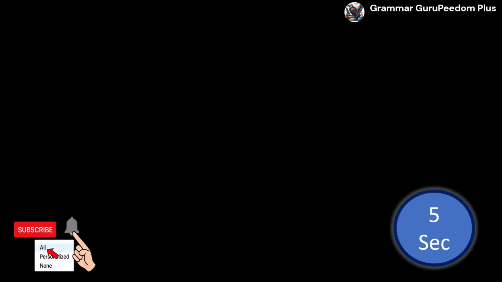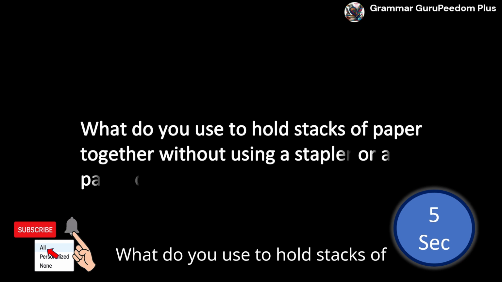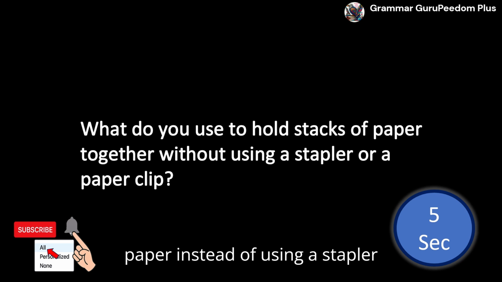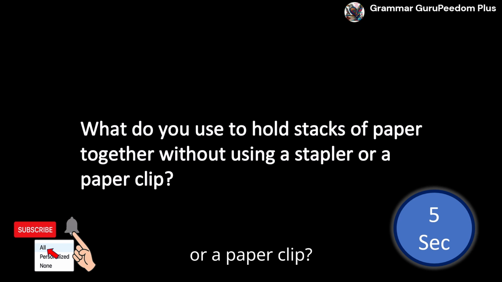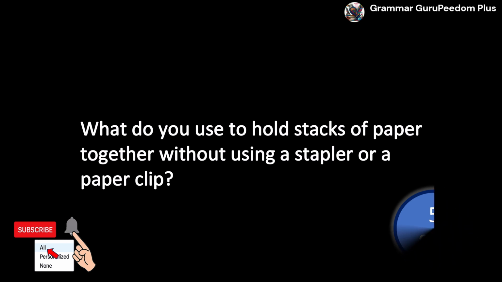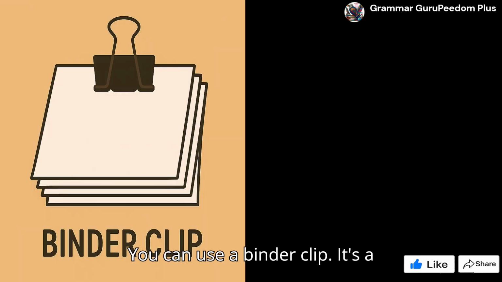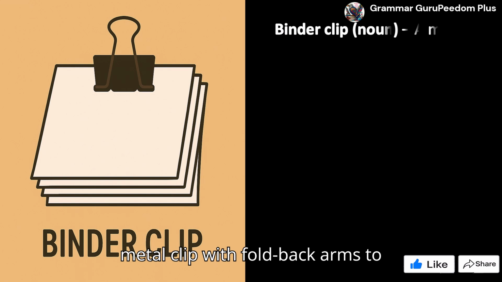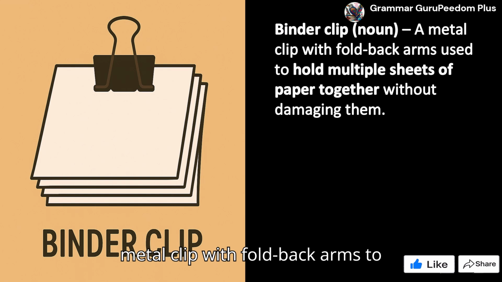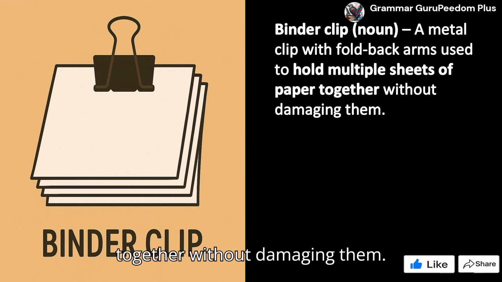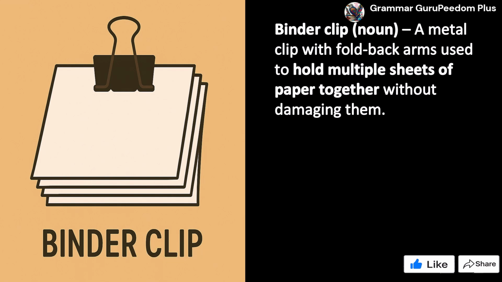Question number 5. What do you use to hold stacks of paper instead of using a stapler or a paper clip? You can use a binder clip. It's a metal clip with fold-back arms to hold multiple sheets of paper together without damaging them.